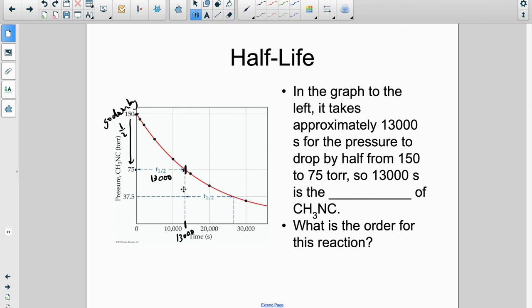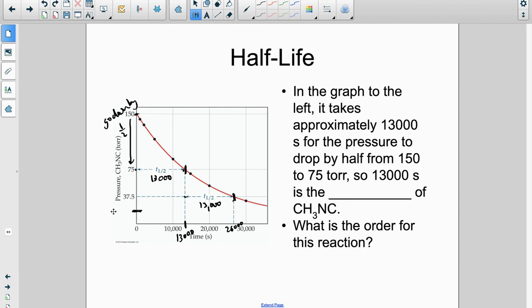Now, from 75 to 37.5, okay, so we're going to go down that much. So we look here to here, and we kind of estimate. This looks like it's about maybe 26,000. So this half-life is 13,000. It is the same as before. What if we went down by half again?